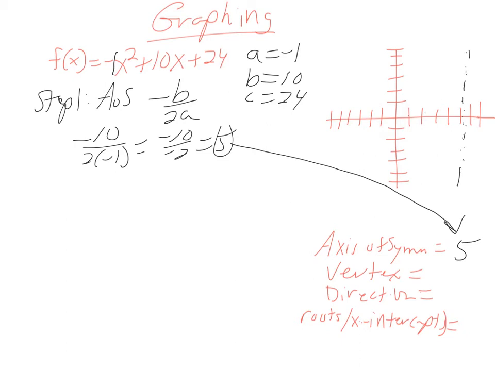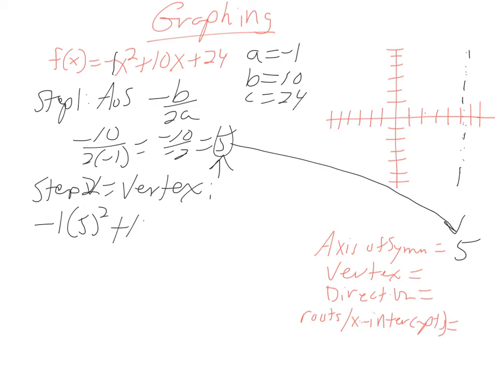And so now we have to find our vertex. So step 2 is the vertex. You take your axis of symmetry, if you remember. Once again, you can go back to other videos and look at your notes. So we take this number right there, 5, and put that in our equation. So you have negative 1 times 5 squared plus 10 times 5 plus 24. 5 squared is 25.